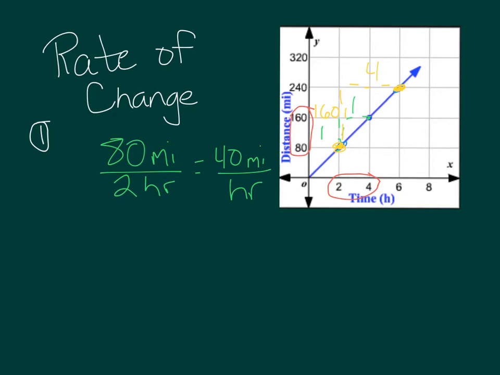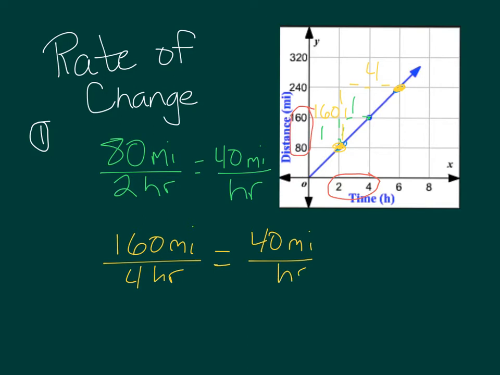So same thing here, that's 160 miles over 4 hours. Well, that does reduce. It reduces to the same thing as we had above, 40 miles for an hour, okay? So the rate of change here on this problem, it's going to be 40 miles per hour.